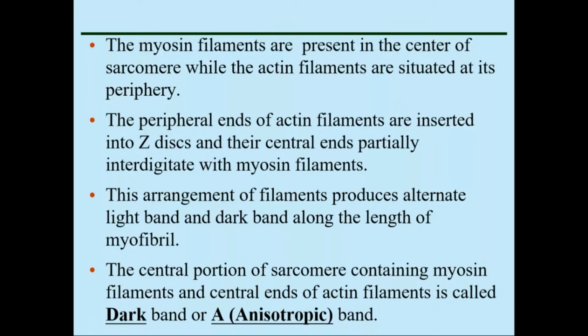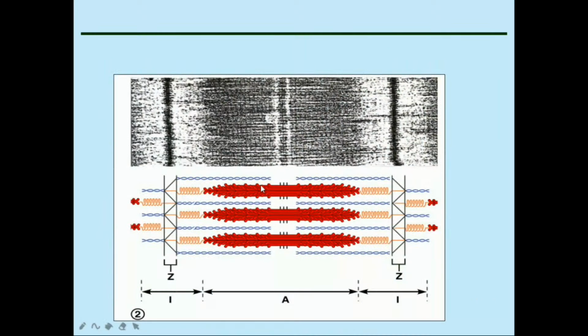The peripheral ends of actin filaments are inserted into the Z disc and their central ends partially interdigitate with the myosin filaments. You can see that they partially interdigitate into the thick filaments.